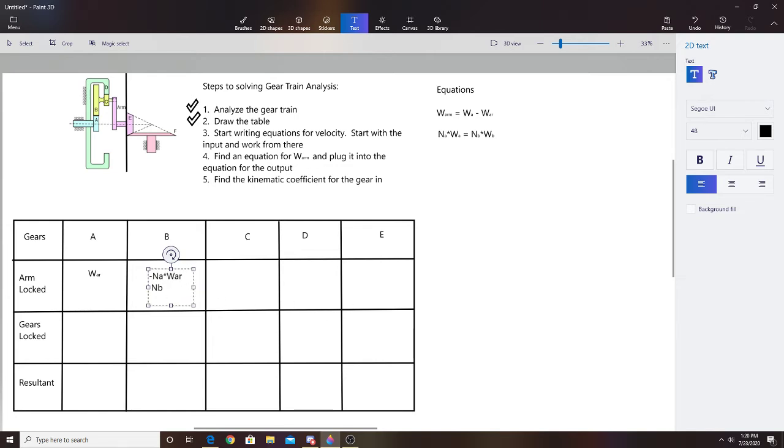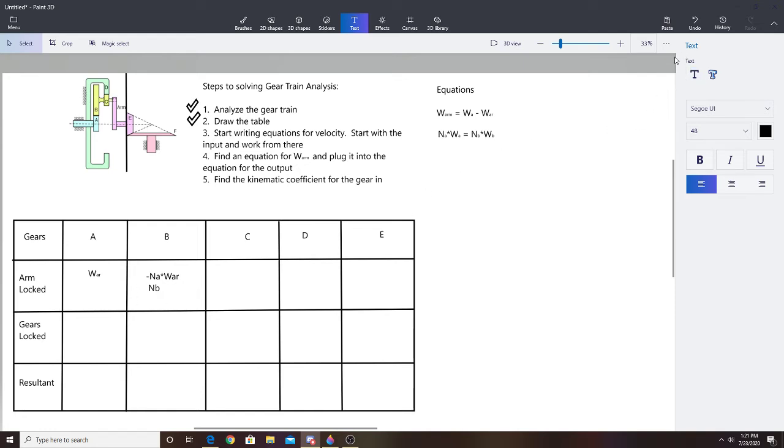Do you guys mind if I leave it like that instead of changing the font? I feel like the font thing is kind of gonna be a nuisance. So I'm gonna leave it like that. But just know that whenever I say WAR, I'm not saying times war, I'm saying W AR, the relative velocity of A with respect to the arm. Okay. Anyway, so we got that.